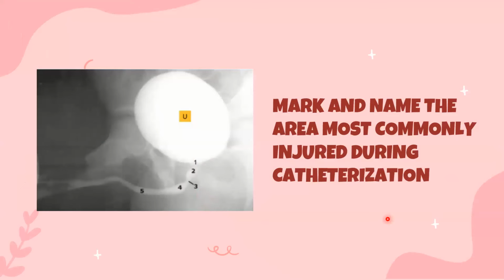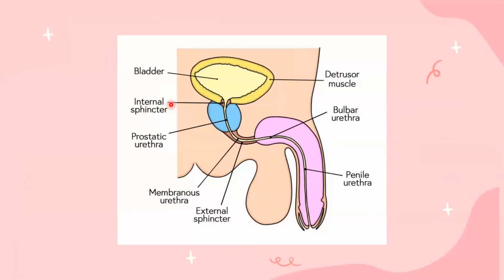Perfect. Okay. So let's review this very quickly. We have our bladder with the detrusor muscle and the internal sphincter, and the external sphincter, with the prostate between. So the urethra, as it passes through the prostate, is going to be called the prostatic urethra. Afterwards, we're going to have the membranous urethra, which passes through the urogenital diaphragm, which are basically the muscles that hold up the bladder, the uterus, the rectum, all of the above.